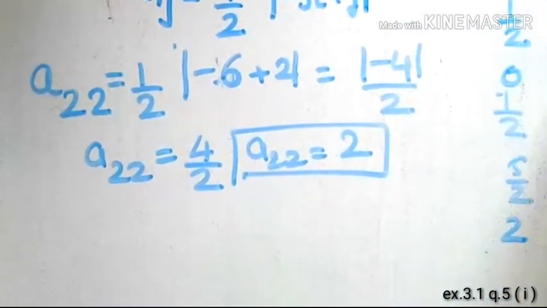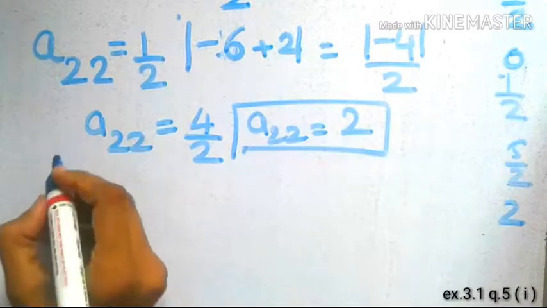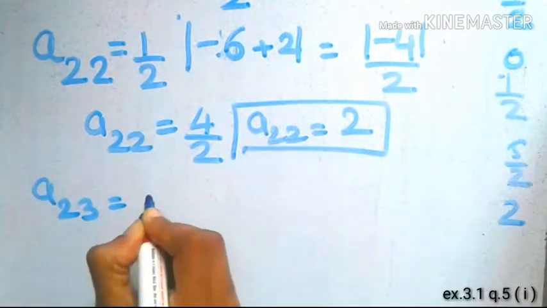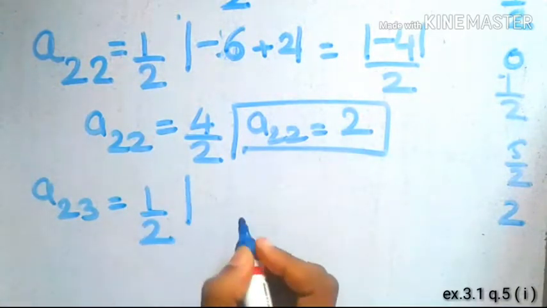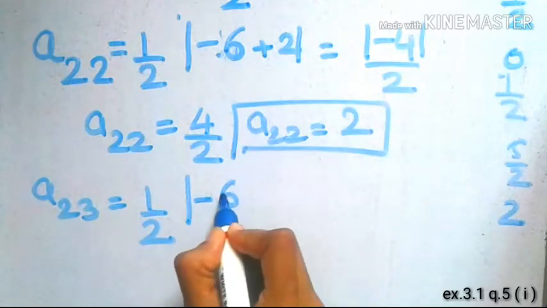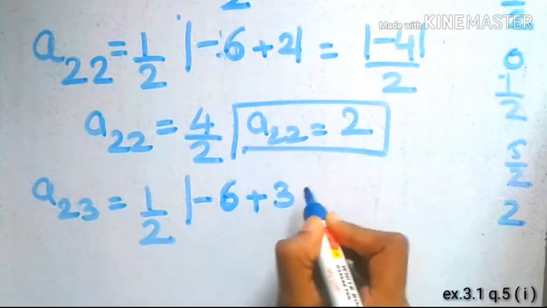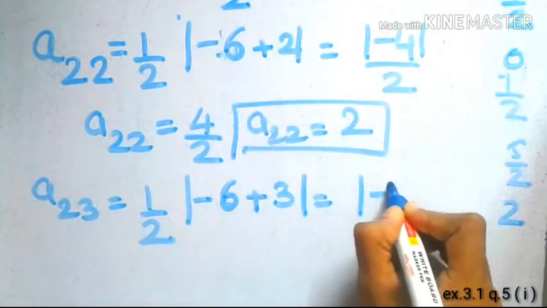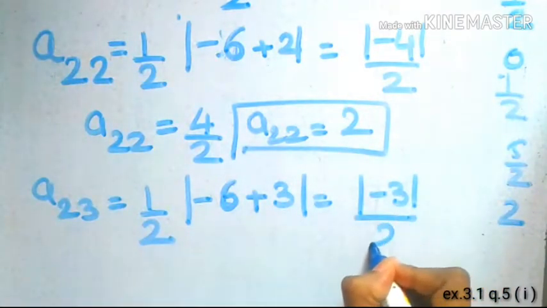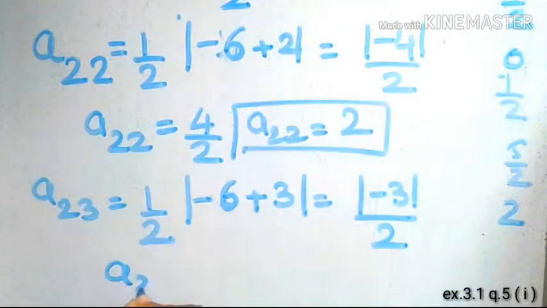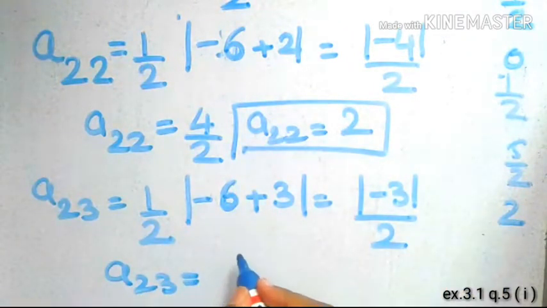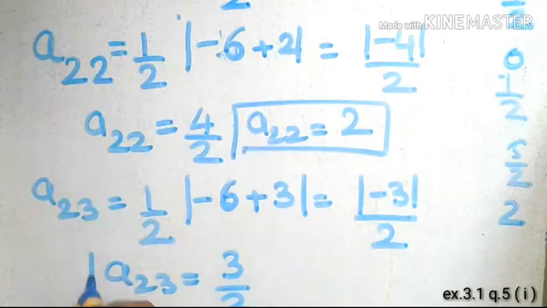Then we'll go to the next one, which is A23. So A23 is going to be half into mod of minus 3 into 2 plus 6, minus 6 plus 3, which is going to be mod of minus 3 by 2. So I will get mod of minus 3 as 3. So A23 is 3 by 2.